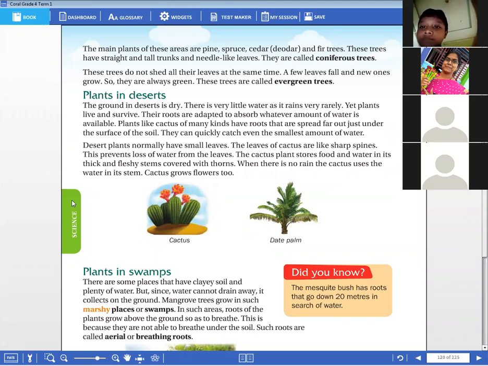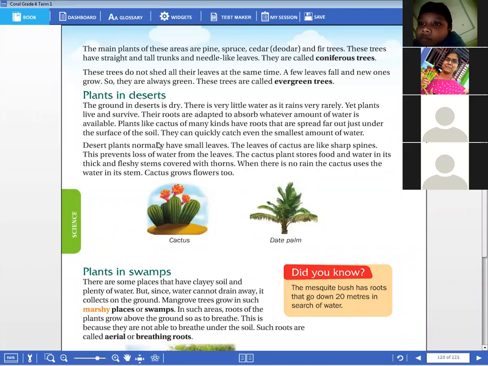They preserve more water inside them because it is a low-water area. So wherever water is found, they easily absorb it with the help of roots and store the water. That's why those leaves are very thick and fleshy inside. The roots also don't go deep into the soil, they stay on the surface.